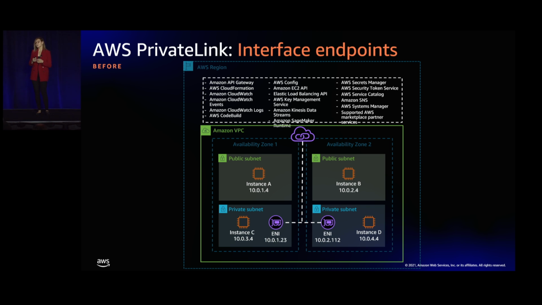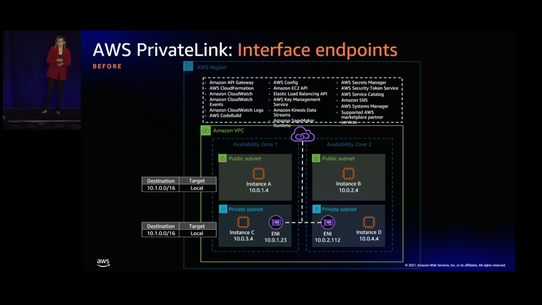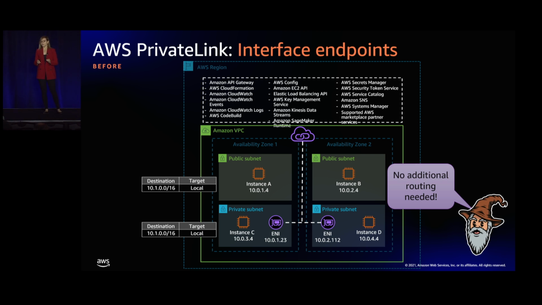And we can make use of PrivateLink as well to expose our privately maintained services to other VPCs in our environments. So we can become the service providers for certain services. Now, no additional routing is needed, so this is a powerful tool for exposing or accessing AWS services or custom maintained services.